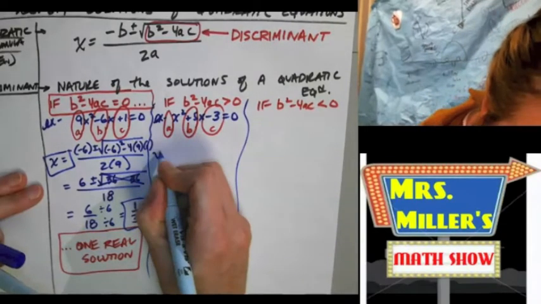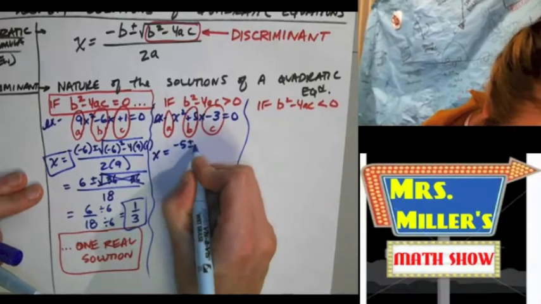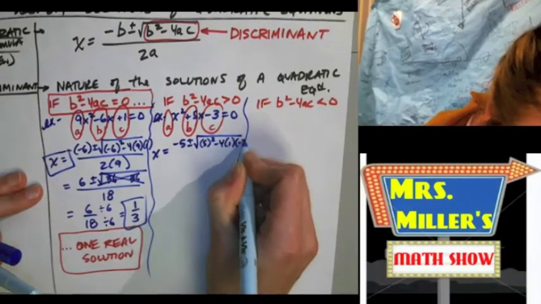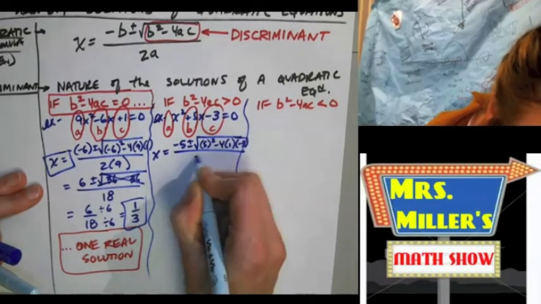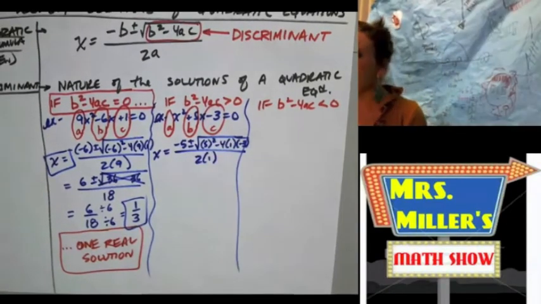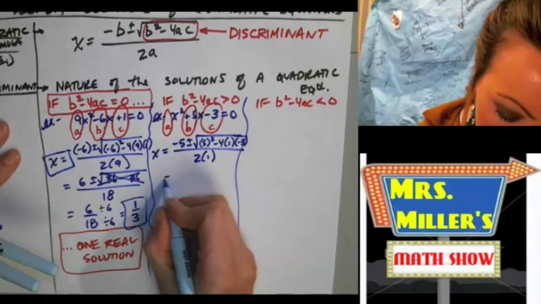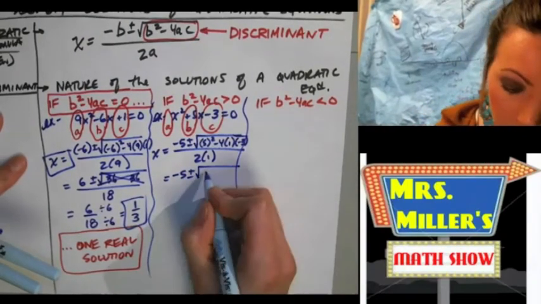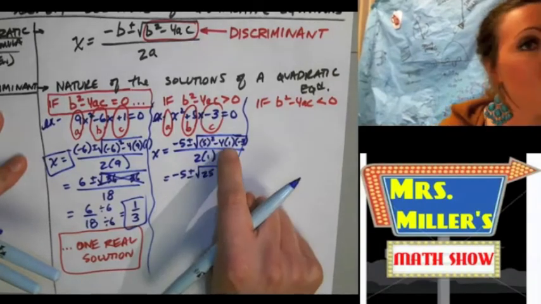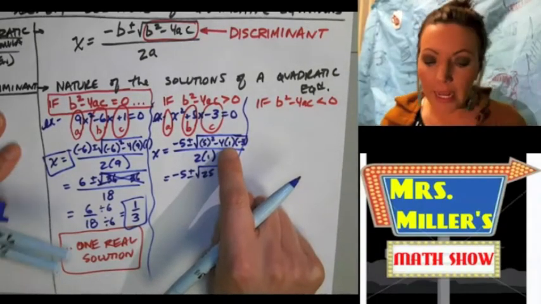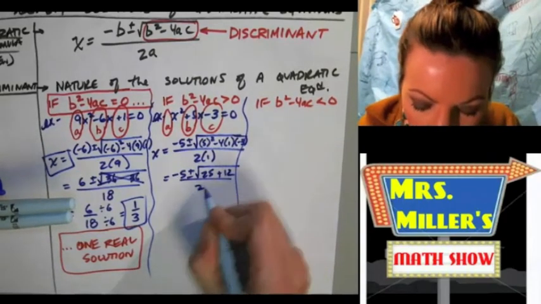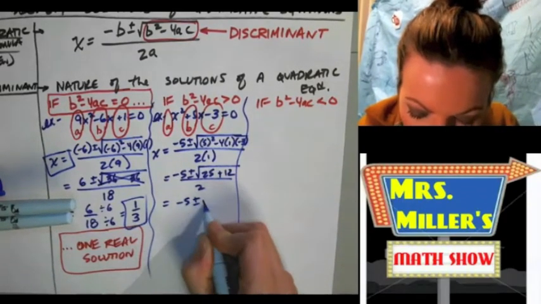We get negative 5 plus or minus the square root of 5 squared minus 4 times 1 times negative 3, all over 2 times 1. Then when we simplify, we get negative 5 plus or minus the square root of, what's 5 squared? 25. Negative 4 times 1 times negative 3 is 12, over 2. And then negative 5 plus or minus the square root of 37 over 2.